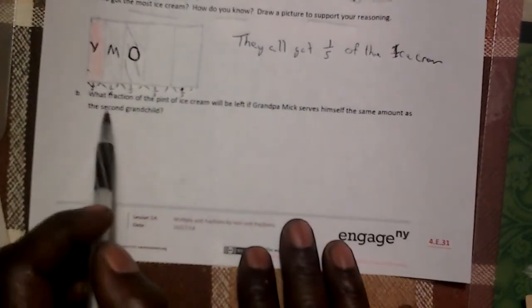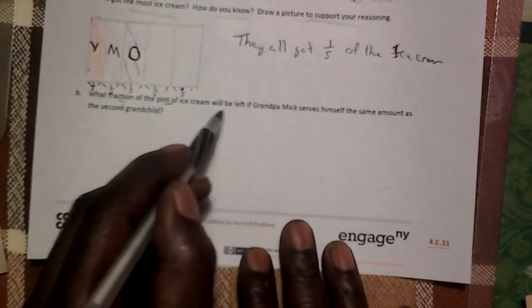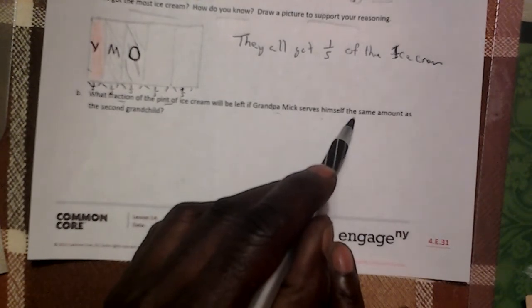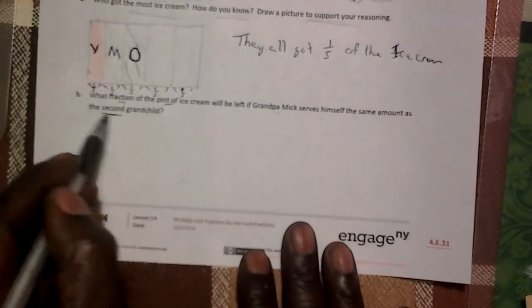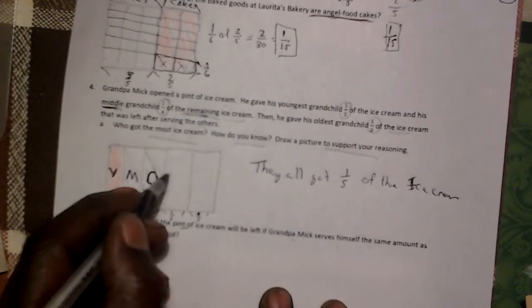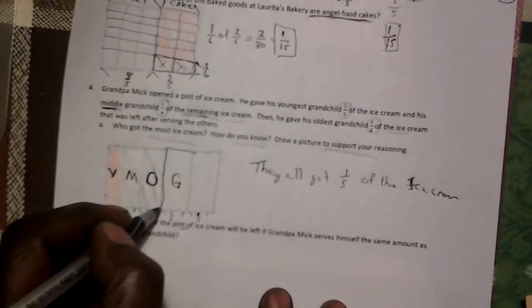Yes? So now we're on to the last section, and it says, what fraction of the pint of ice cream will be left if Grandpa Mick serves himself the same amount as the second grandchild? Well, the second grandchild would be the middle grandchild? So let's put a G here for Grandpa. Grandpa takes this section, right?